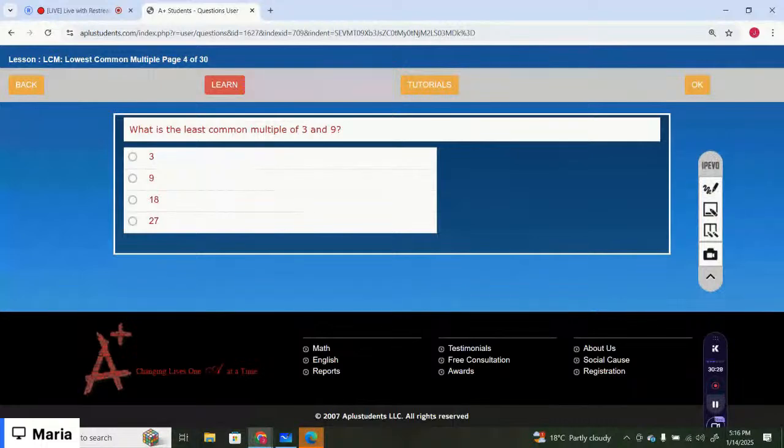What is the least common multiple of 3 and 9? The correct option is 9. Option number 2 is the correct option.